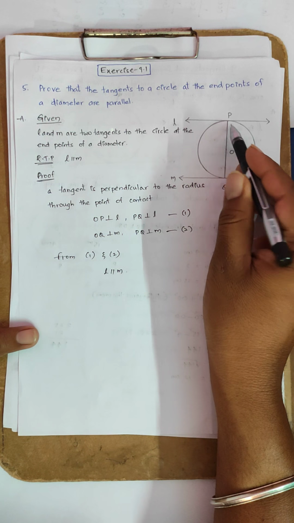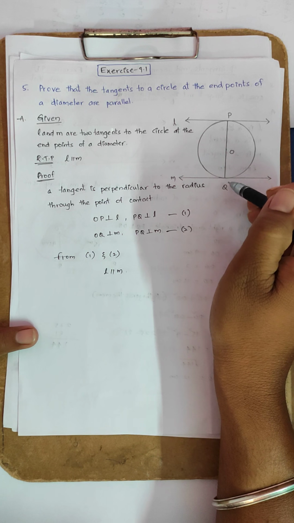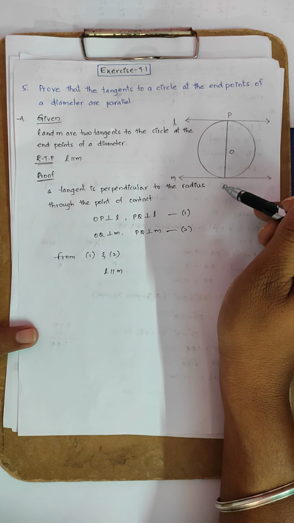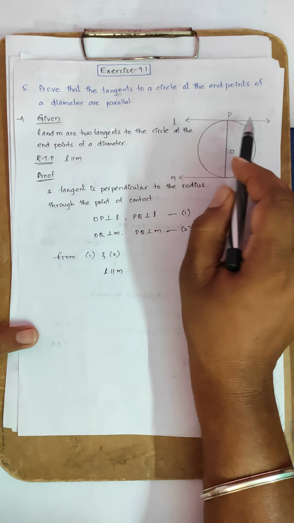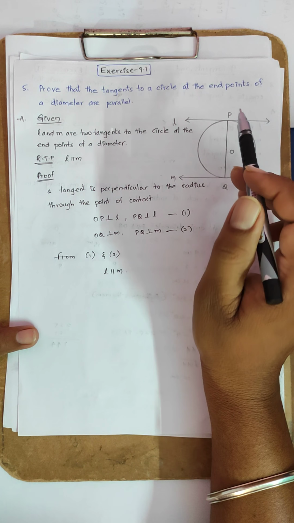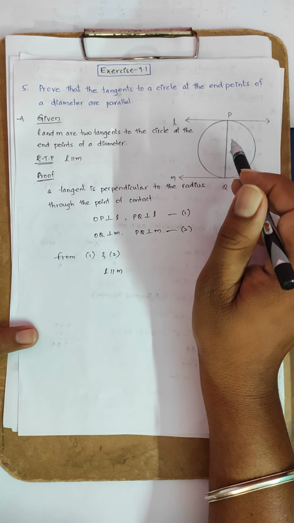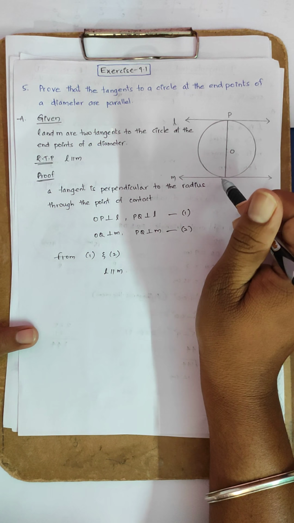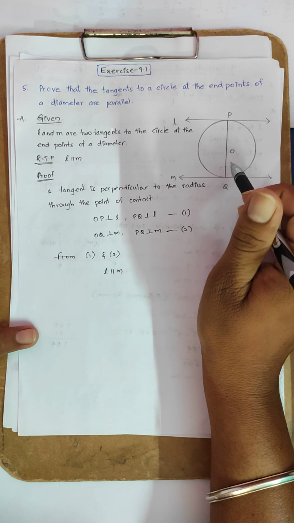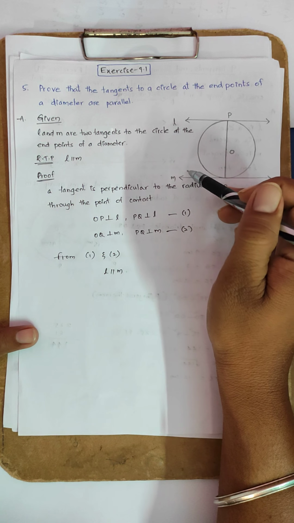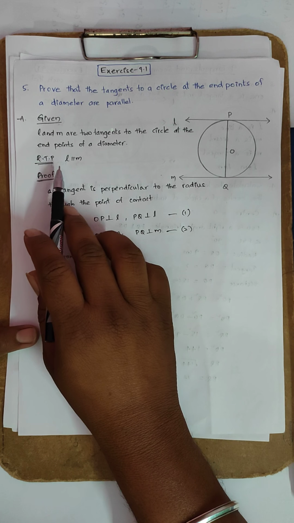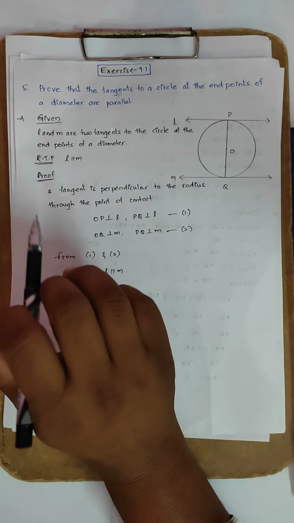Here PQ is diameter, OQ radius, OP also radius. Line L is tangent to the circle. M is also a line, tangent to the circle. We are asked to prove L and M are parallel to each other. Required to prove L is parallel to M.